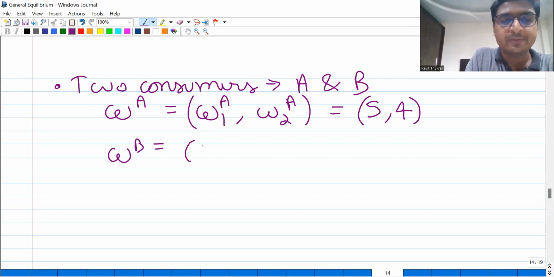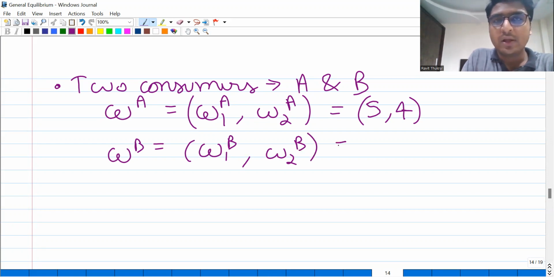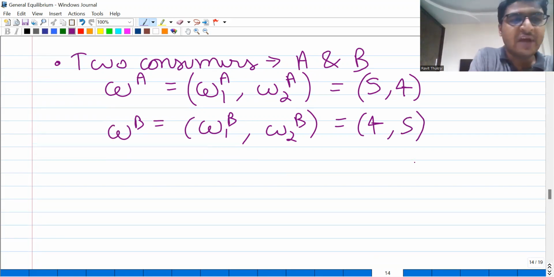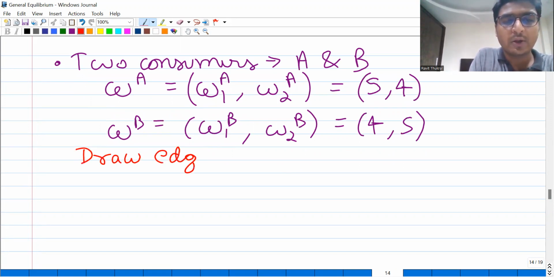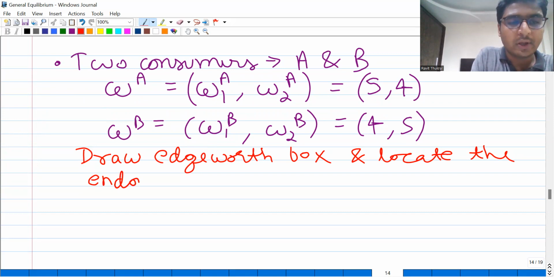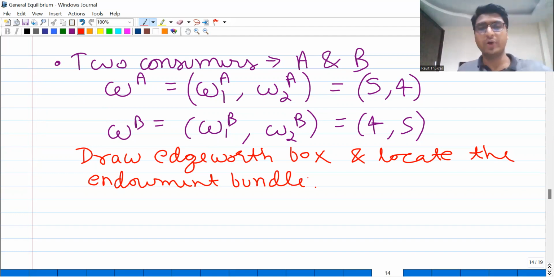Omega B is omega 1B, omega 2B. So he has 4 units of good 1 and 5 units of good 2. And we have to draw the Edgeworth box and locate the endowment bundle. Okay. So that's the question.